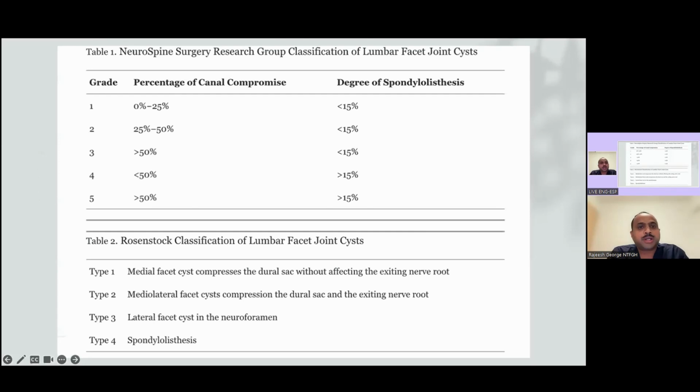The neurospine surgery classification is quite simple. It basically involves two parameters. One is the canal compromised by the cyst, and second is the presence of spondylolisthesis. So the canal compromise of more than 50% with a spondylolisthesis is obviously greater.